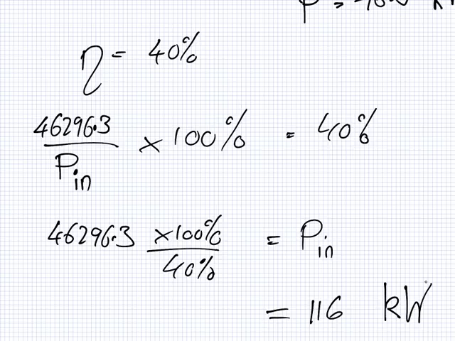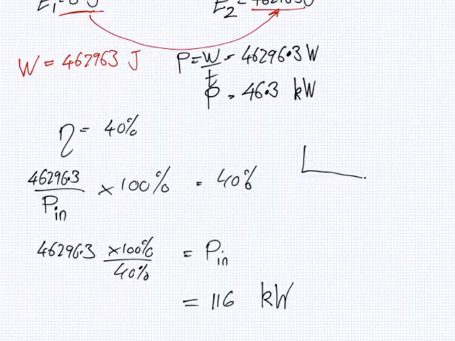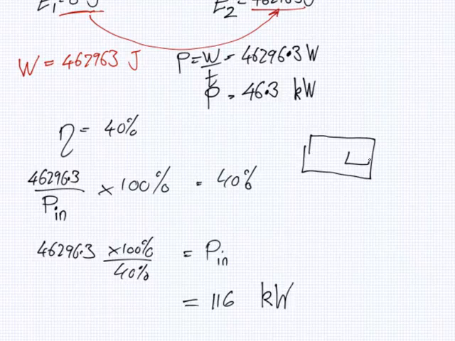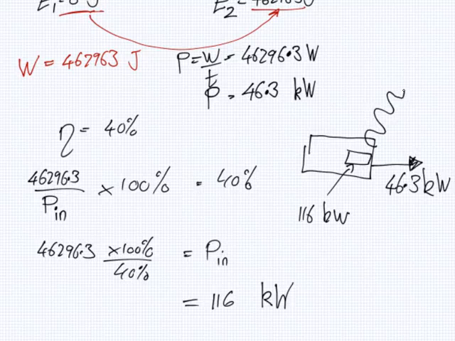So if you think about it like this, if I draw the car, this is the engine. The engine has a power of 116 kilowatts. How much of it makes it move? Only 46.3 kilowatts. Where does the rest go? Off as heat.